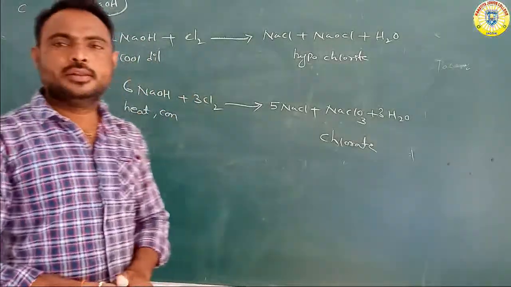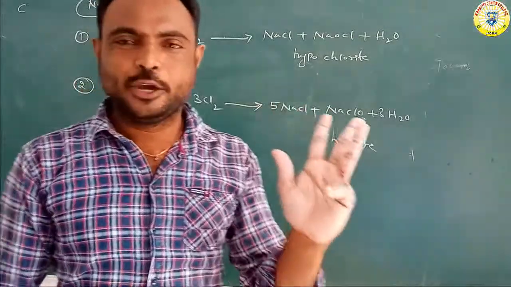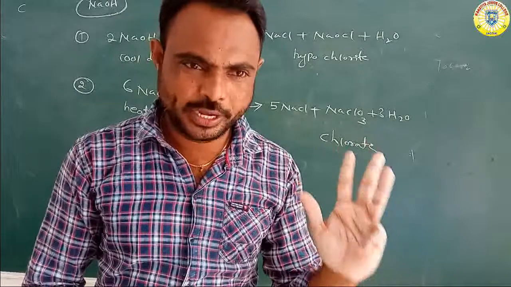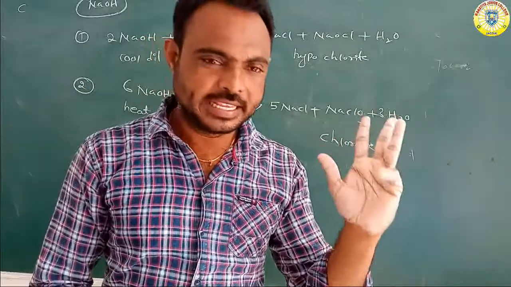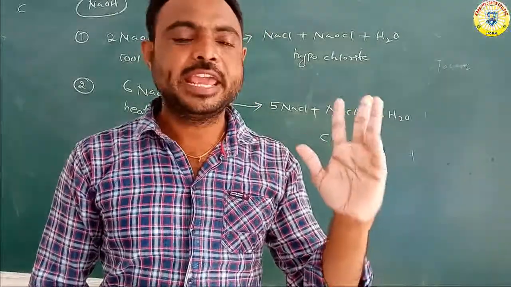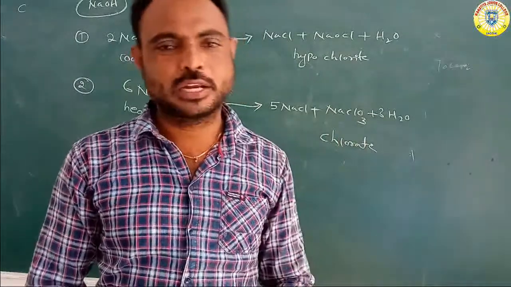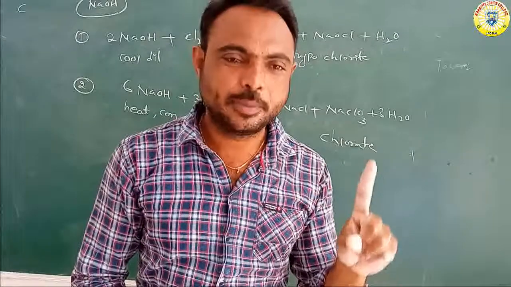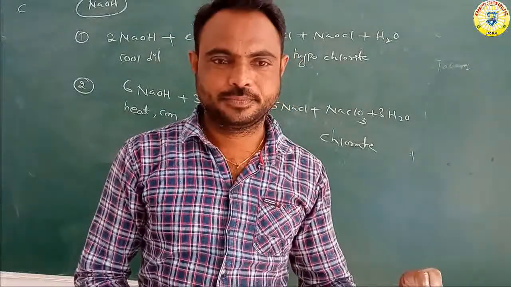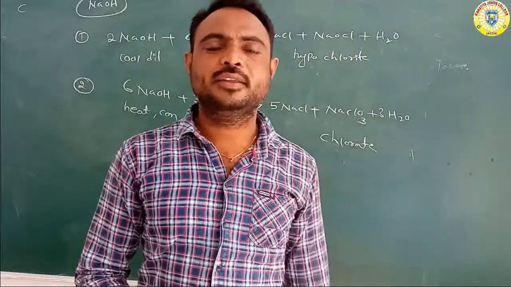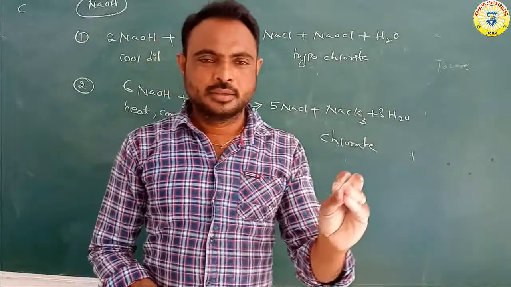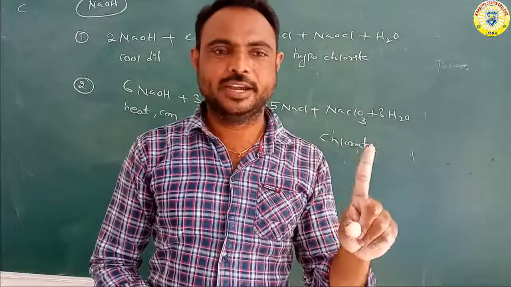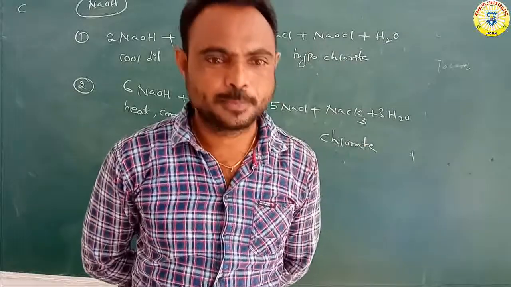So overall, cool dilute sodium hydroxide reacts with chlorine to form NaCl, NaOCl and water molecules. NaOCl means sodium hypochlorite. Okay. Next further, we take hot concentrated sodium hydroxide solution.